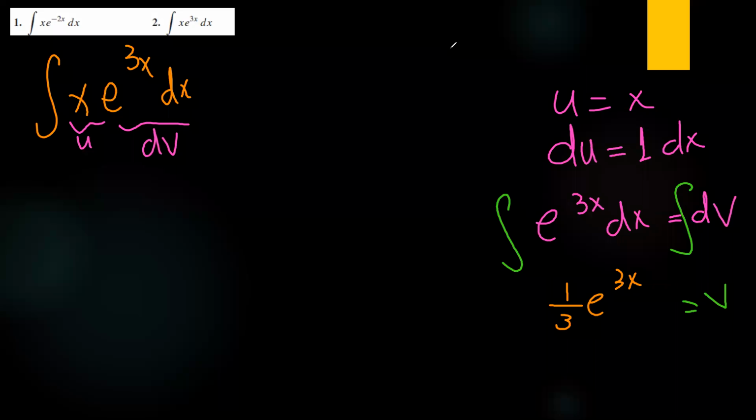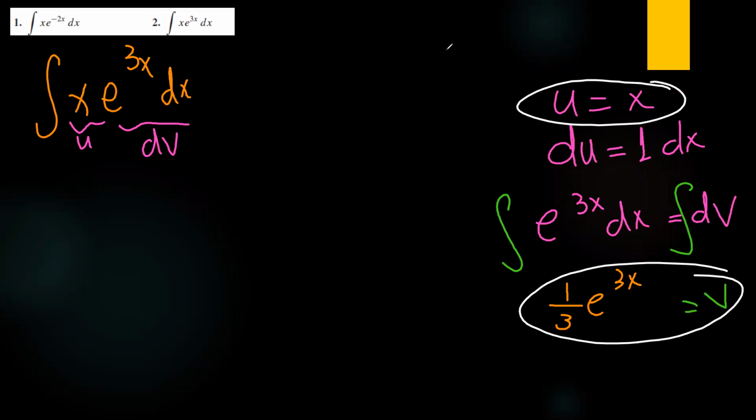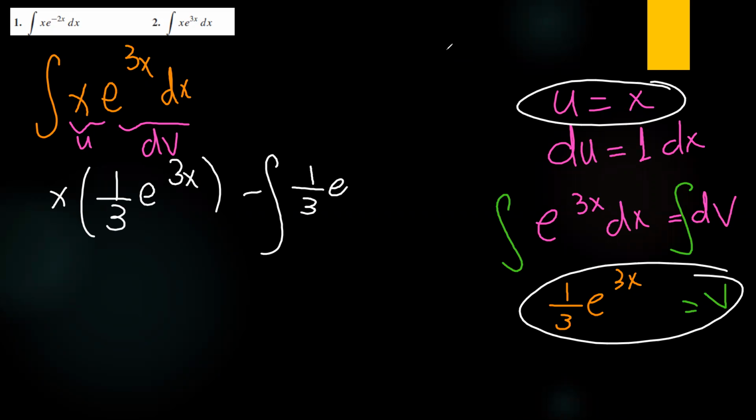After we find u, du, dv, and v, let's come back now to our integration. The integral of u dv will be u times v, which is x times one third e to the power 3x, minus the integration of v du, where du is 1 dx.